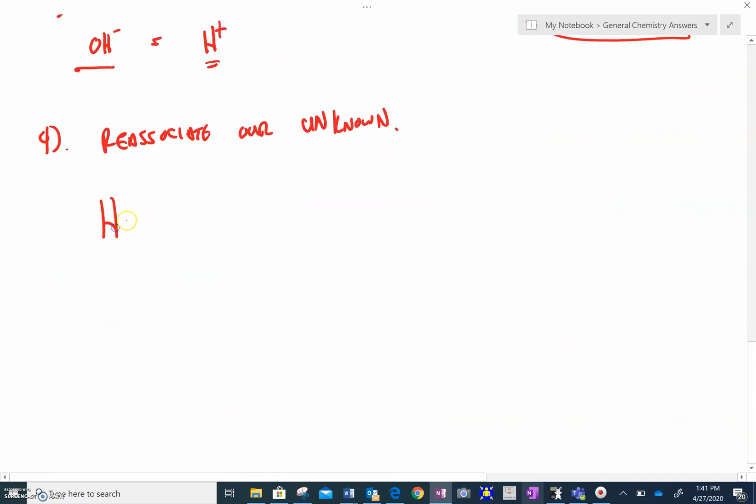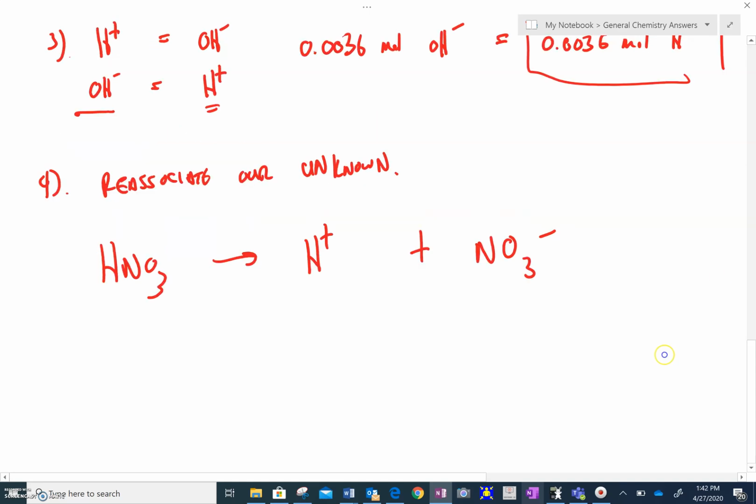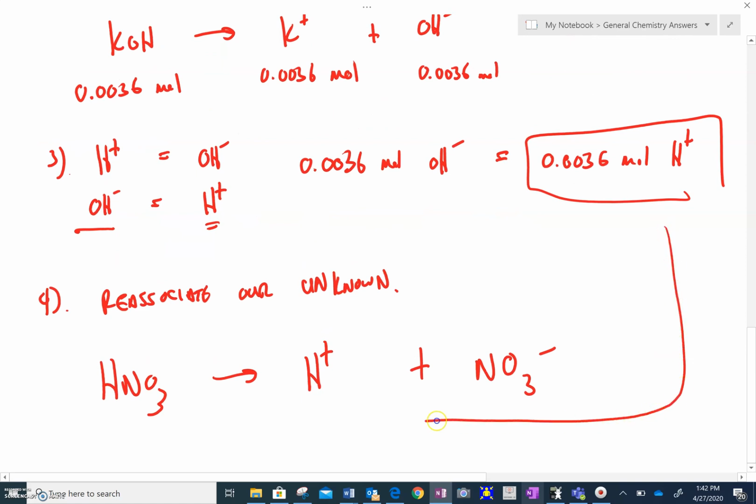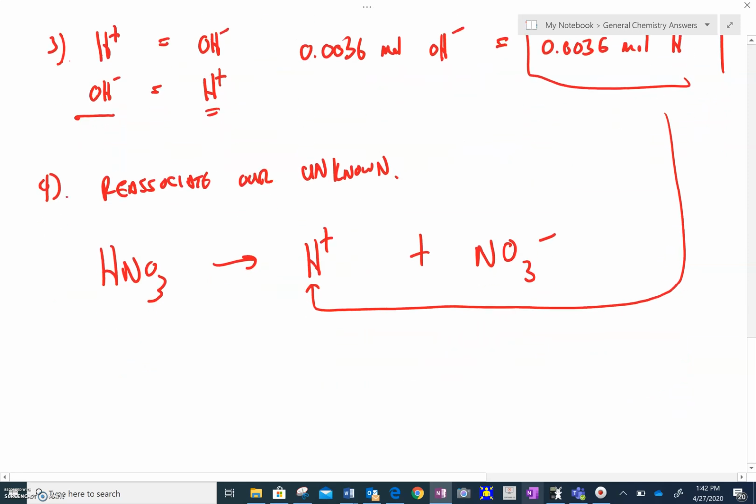Well, HNO3 is a simple acid that dissociates into one H plus and one NO3 minus. And you already know how many moles of H plus you have because you know that this was already neutralized. So if you have 0.0036 moles of H plus, it's going to take exactly the same amount of HNO3. Okay, this is a tricky step going backwards like this, but I'll show you some tricks. We're not going to worry about that right now.